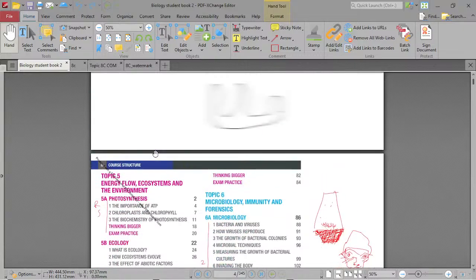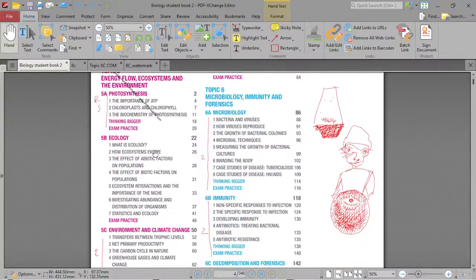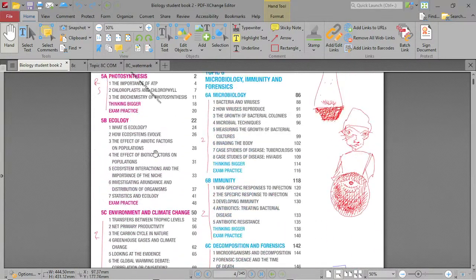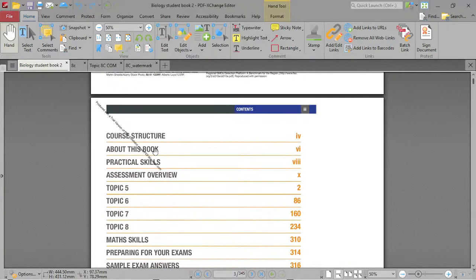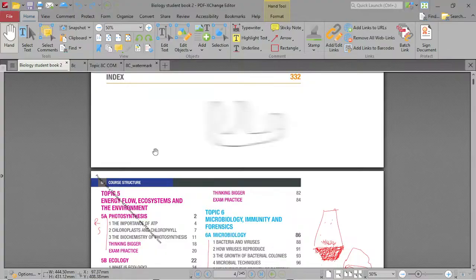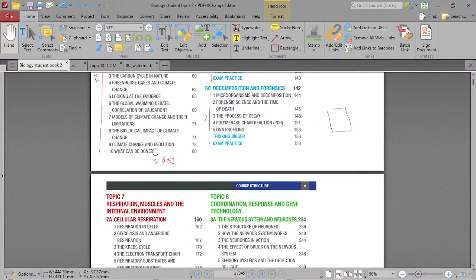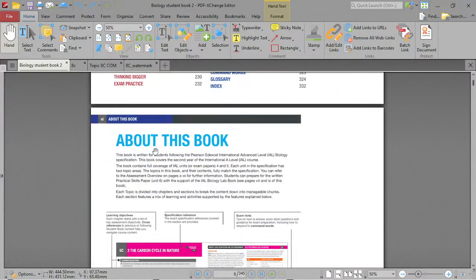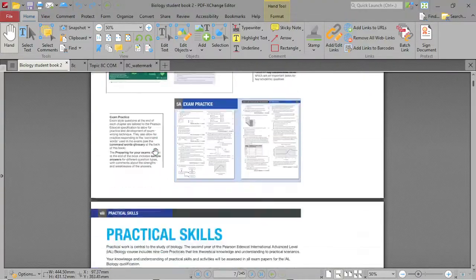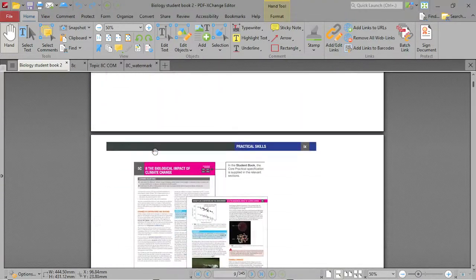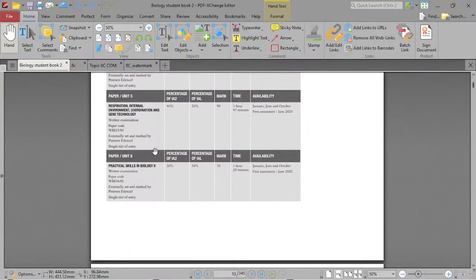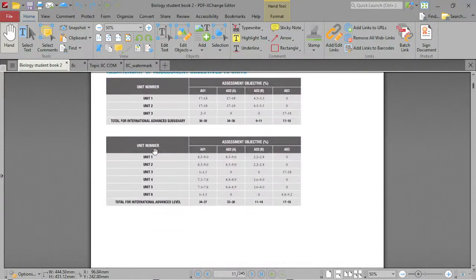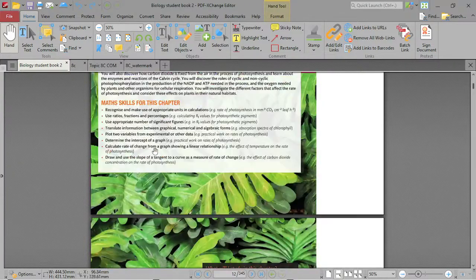For some reason I deleted the first 2 pages. Actually no I didn't.